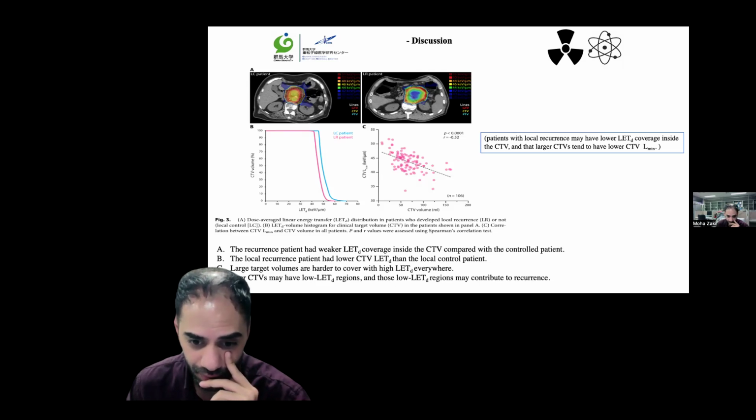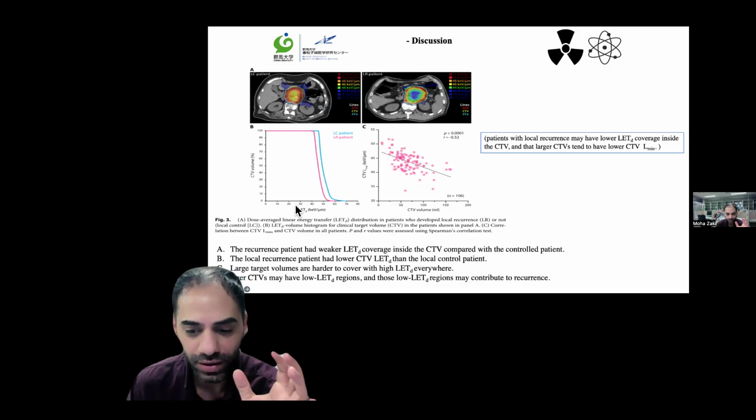Figure B shows the cumulative local reoccurrence according to the minimum dose average LET in the GTV.